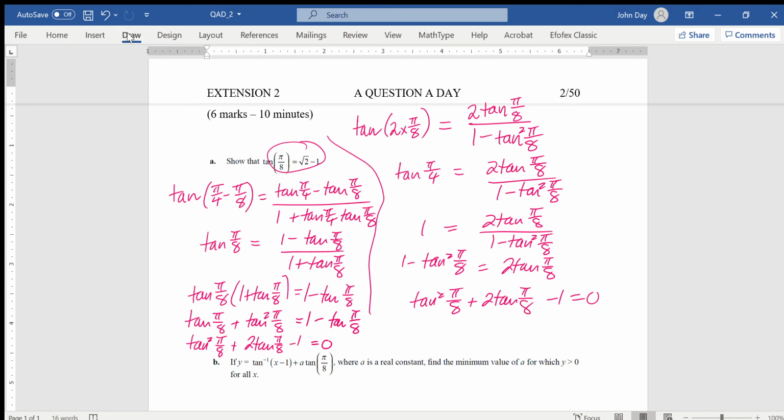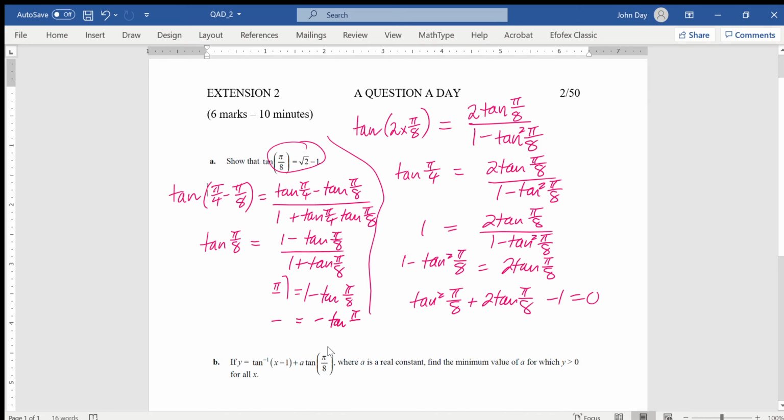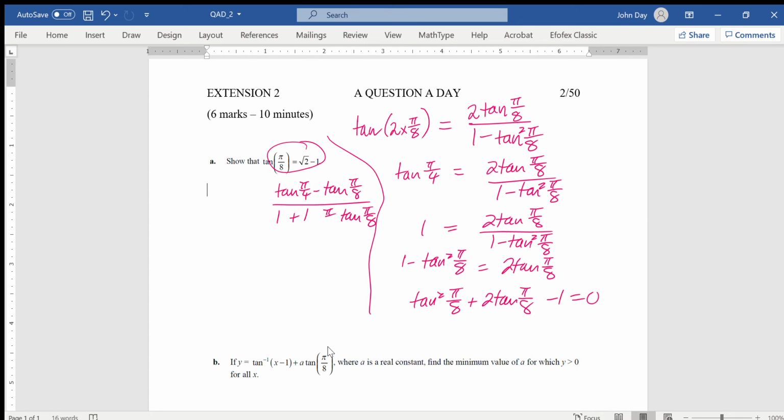Let's just grab a bit of an eraser and make ourselves some room to solve this quadratic. Just looking at it, it's not factorizable, but we should be able to solve it without too much difficulty. So let's have a look. Let's say it was u squared plus 2u minus 1 equals 0.